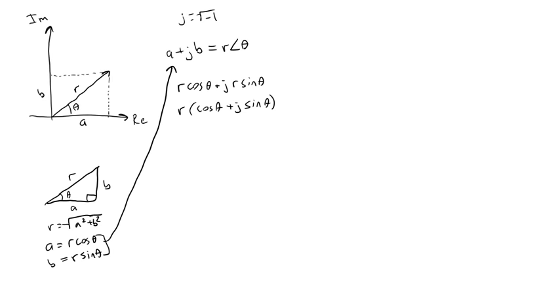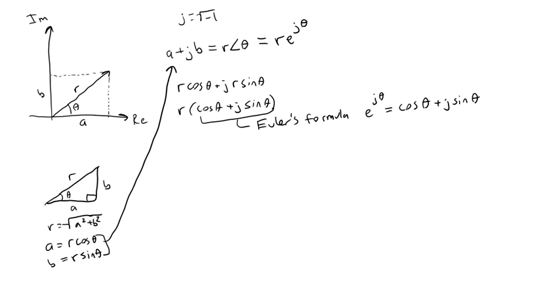And that might look familiar if you remember Euler's formula, which is that e to the j theta equals cos theta plus j sine theta. So another way to express this complex number is to write it as r e to the j theta.